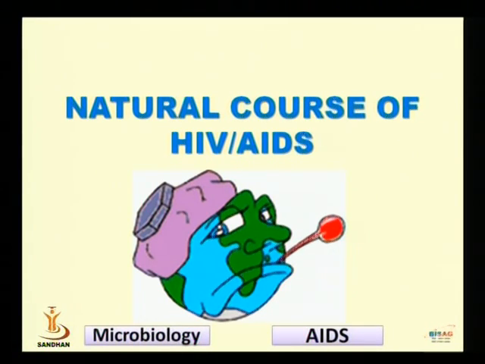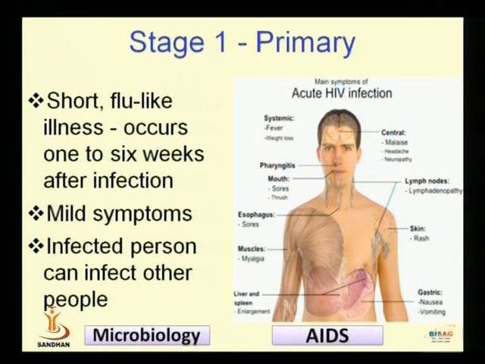Now let us discuss the natural course of HIV or AIDS. How this disease develops in a host. How the onset of disease starts. Stage 1 is the primary stage. Primary stage shows symptoms like flu or a runny nose, like a common cold, then slight uneasiness, a little bit of fever.